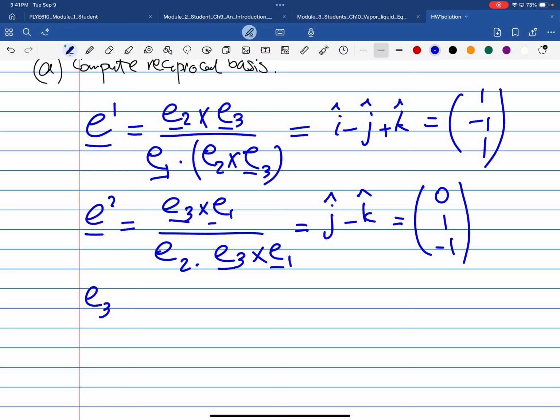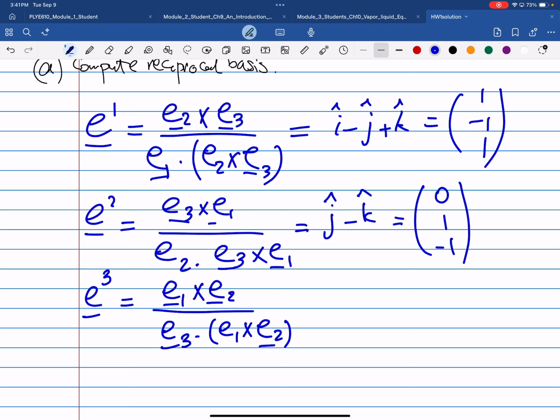Then you have E3, so this guy is going to be K, 0, 0, 1. Good. Easy, right? This was the first part, very mechanical.